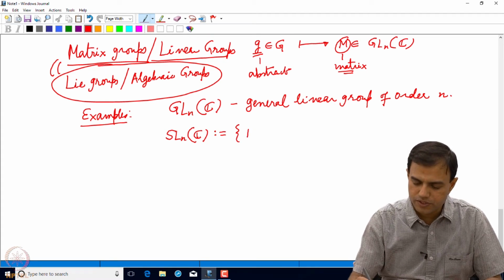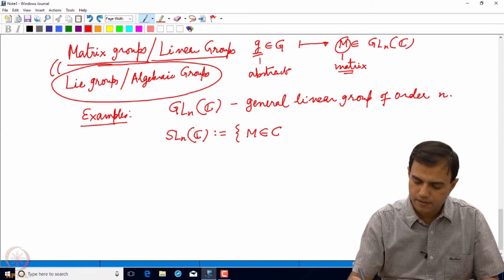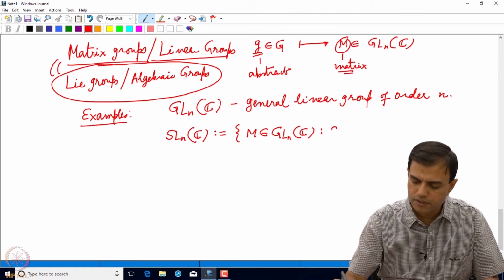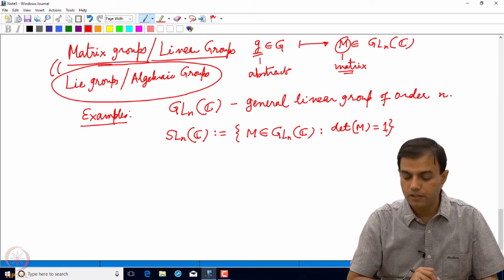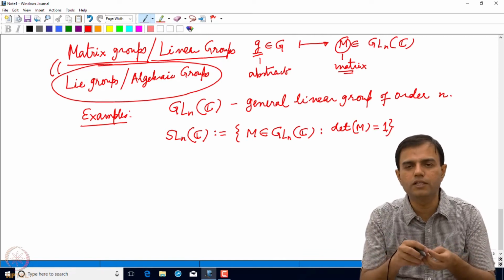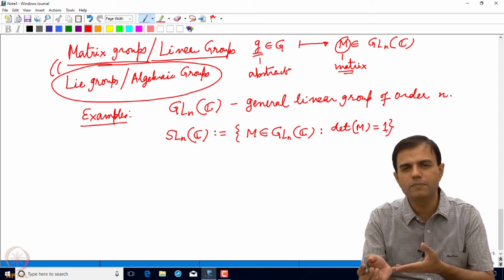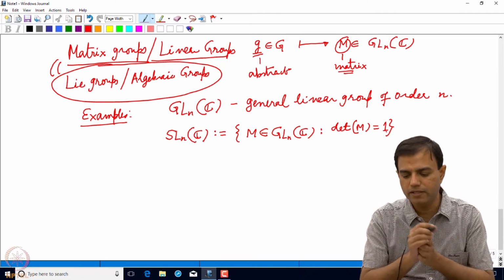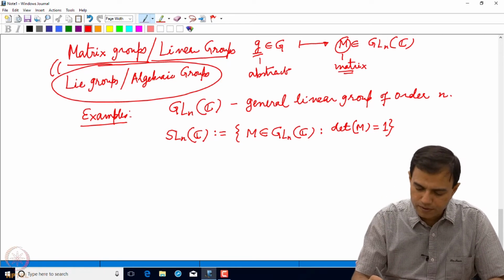Those elements in the general linear group whose determinant is 1. So elements of determinant 1 form a group. You take two matrices whose determinant is 1, the product again has determinant 1, and the inverse of a matrix whose determinant is 1 again has determinant 1. So that forms a group. It's called the special linear group.